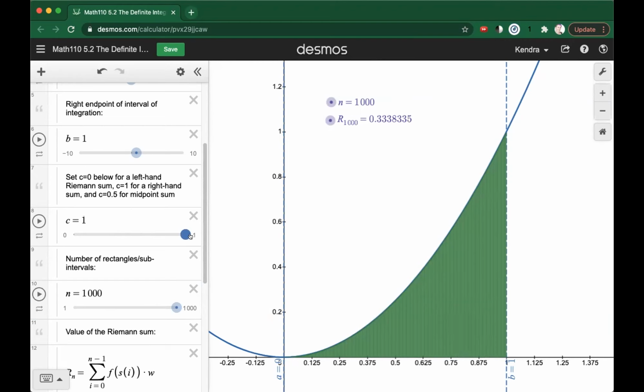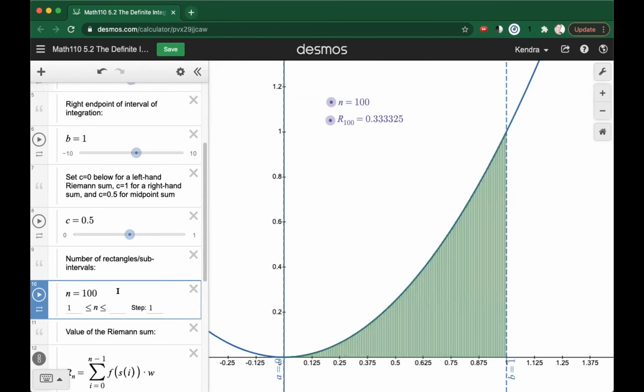And the right rectangles give me an estimate of 0.3338. And the one in the middle, the midpoint, gives me an estimate of 0.3333. And you might have some guesses about what is going to happen if I do more. I think I might have broken this. This might be going beyond the capabilities of Desmos here, but let's just tone that down a little bit.